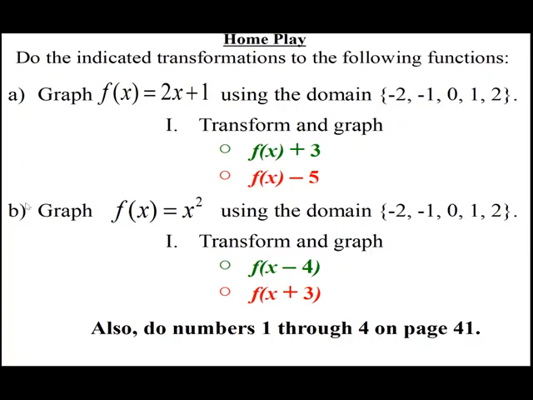For part B, it says graph f of x equals x squared using the domain -2, -1, 0, 1, 2. And the transformation for that, in green, f of x minus 4, and in red, f of x plus 3. And part of the home play also is page 41, numbers 1 through 4.